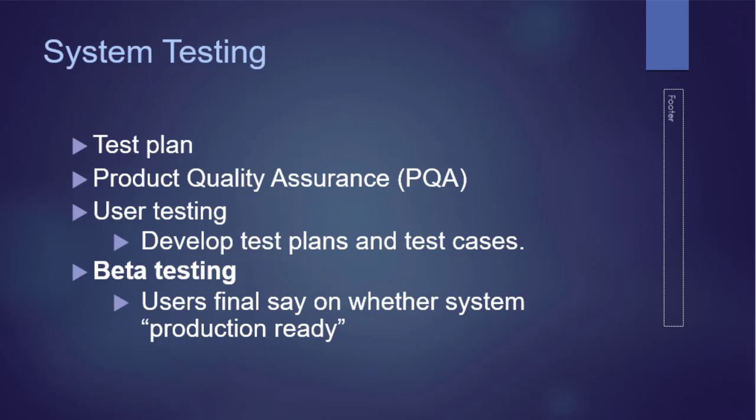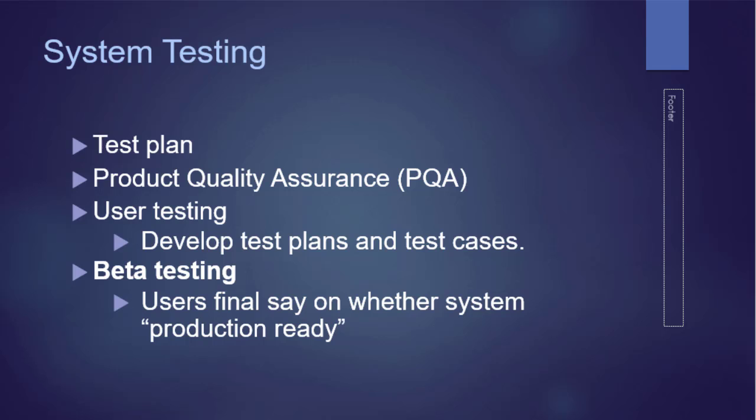So when we talk about system testing, you typically will have a test plan. You'll have some kind of quality assurance. Some people will have different test cases or test scenarios that they'll use for your system. So you'll enter some data and see if it produces the right reports.